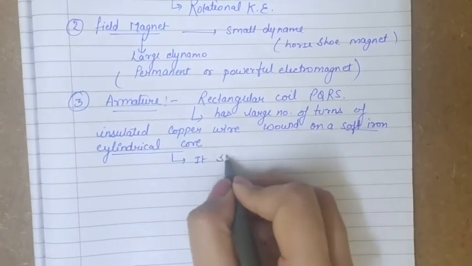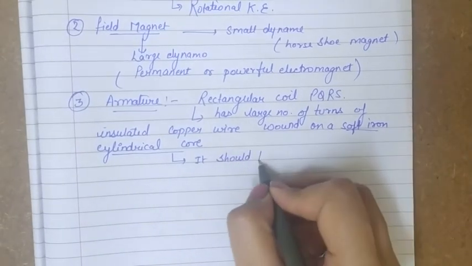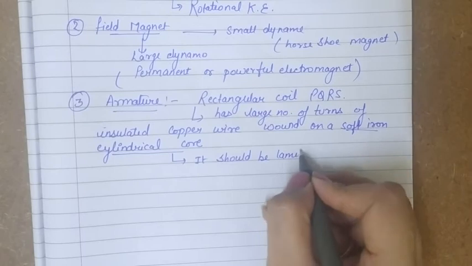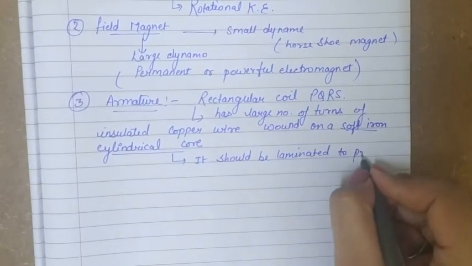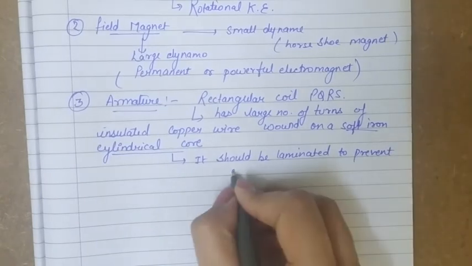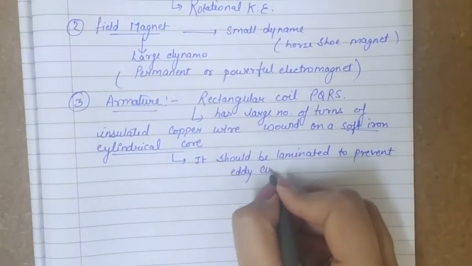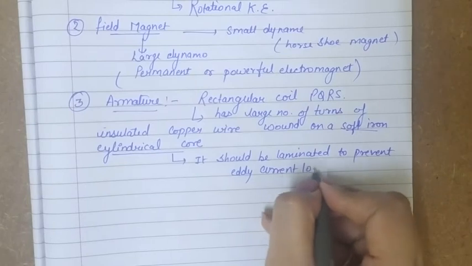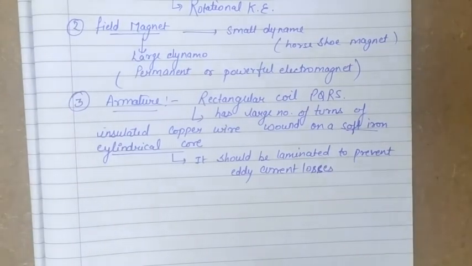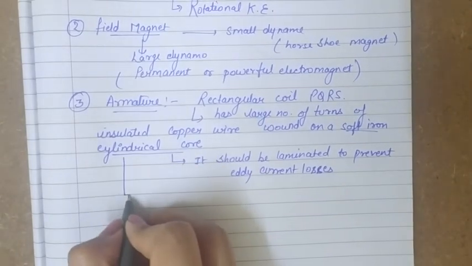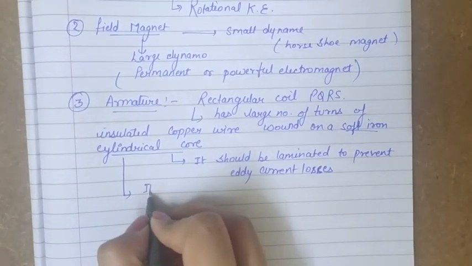The reason is that the laminated core prevents eddy current losses, and the reason for using a soft iron cylindrical core is its high permeability.